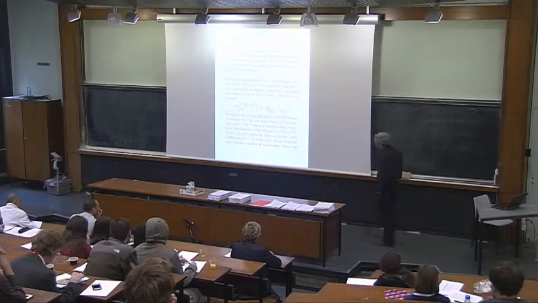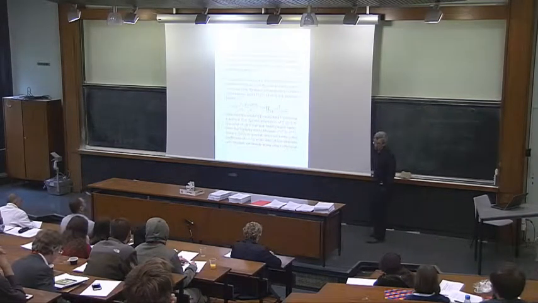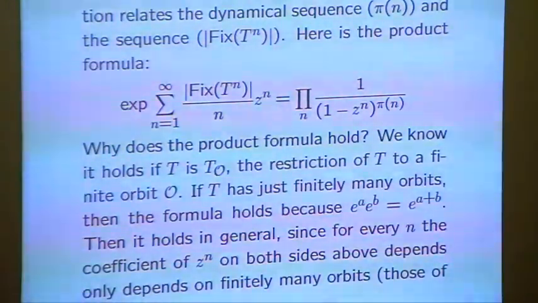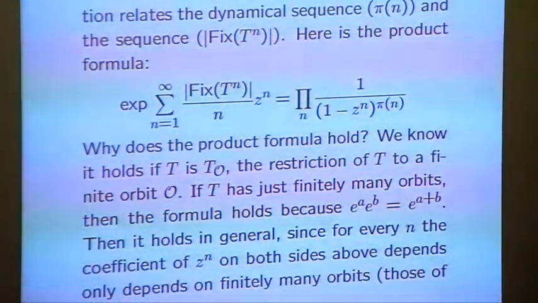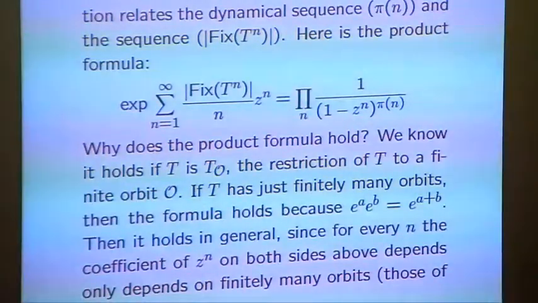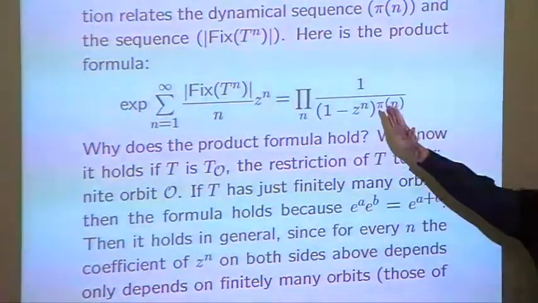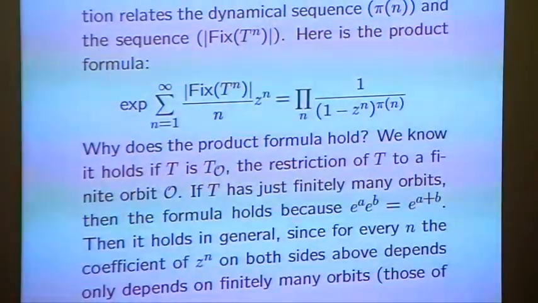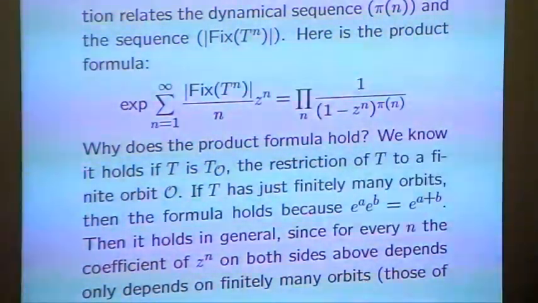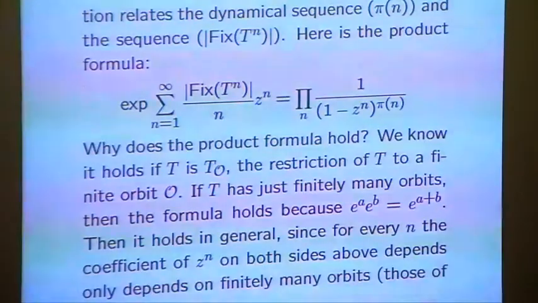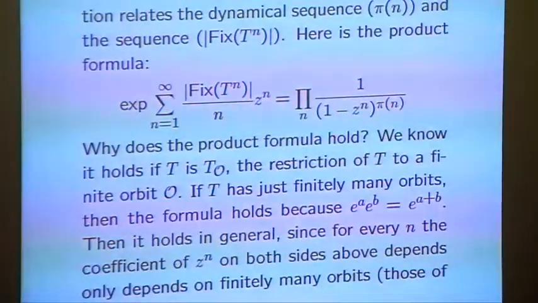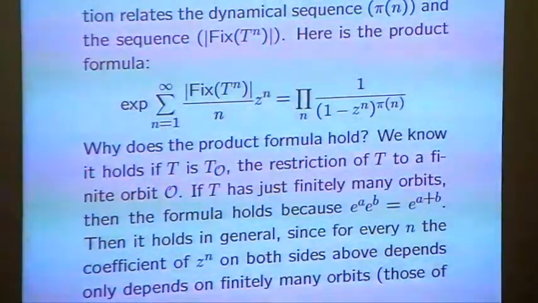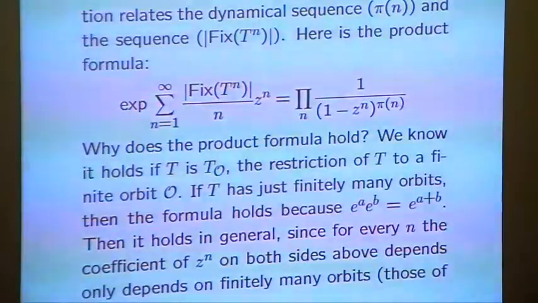So why does it hold? Well, of course, it holds for finite orbits. Now suppose it holds for a single finite orbit. What about finitely many orbits? On the right side, we can take a product over these orbits. We know that would be equal to the product of the zeta functions on the left side. That's going to be a product of exponentials, and we have a familiar fact about the exponential function: e to the a times e to the b is e to the a plus b.